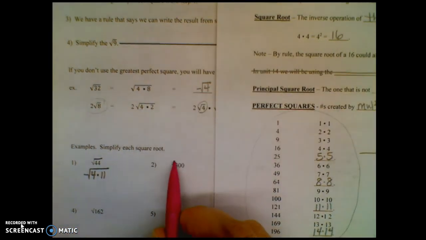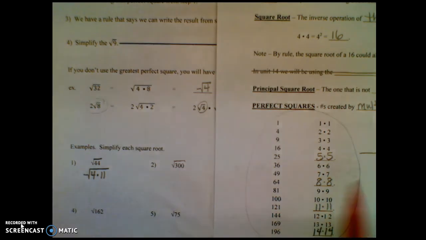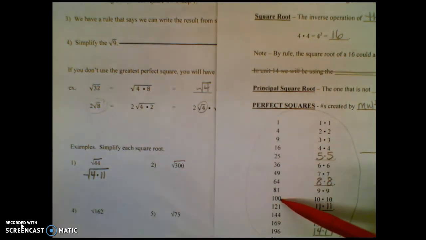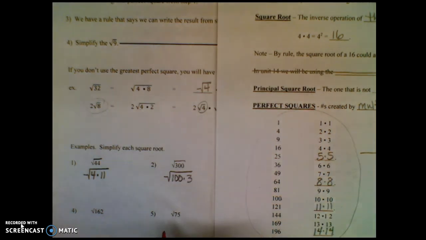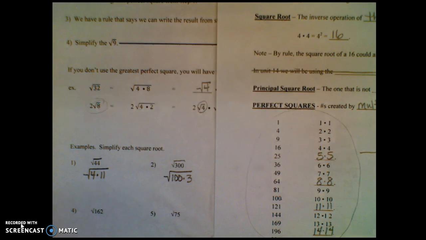Square root of 300. Well, 300 is divisible by 100, and then I would have 3 left over as my other factor, which doesn't have any more perfect squares in it. So the 100 is the greatest perfect square.